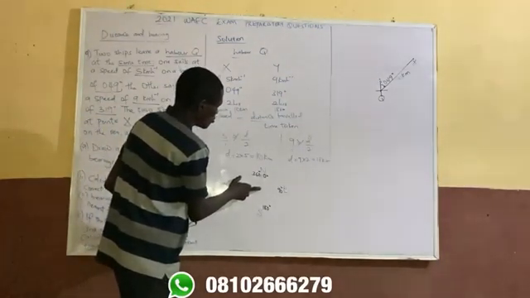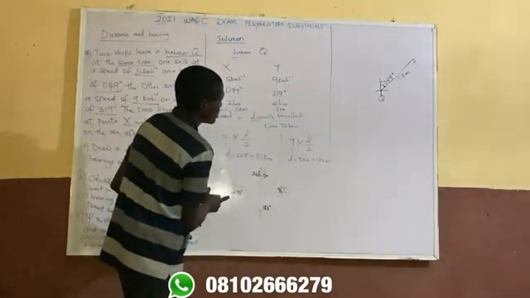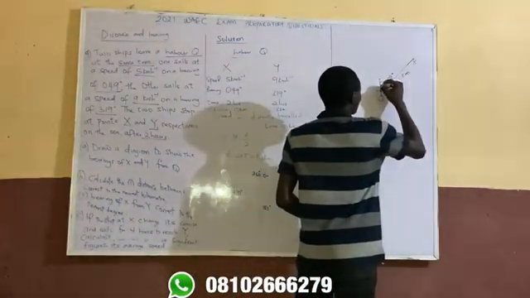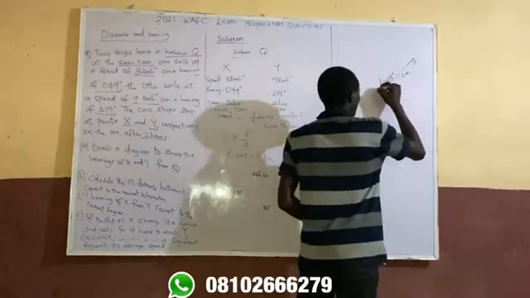So your bearing lies between the north and the west. You start reading again for the second ship leaving the harbor Q. It will have something like this.